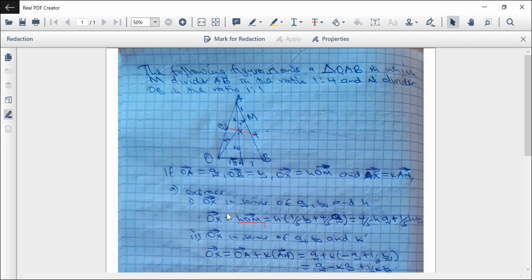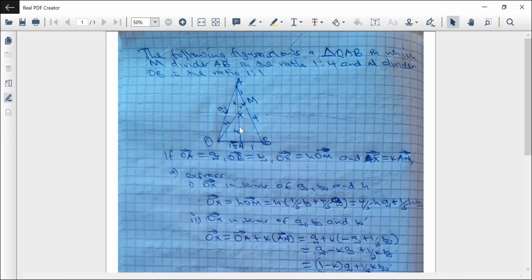Now, vector OX is equivalent to H multiplied by vector OM. Looking at vector OM, we take this one here, 1 over the total, which is 5, and I multiply by the opposite vector.